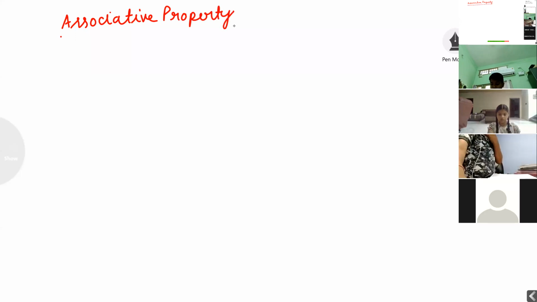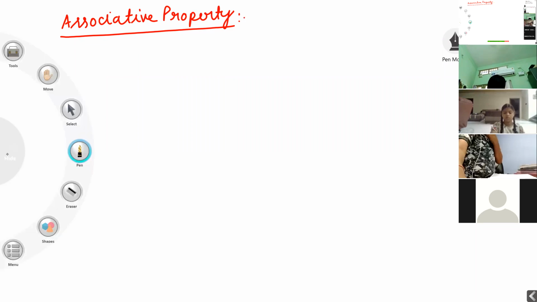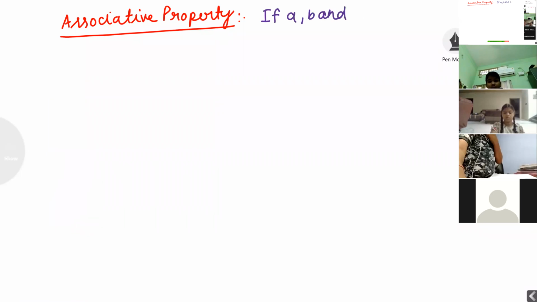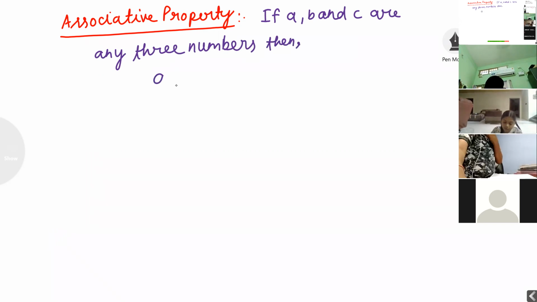If A, B, and C are any three numbers, then A into B into C is equal to A into C into B.